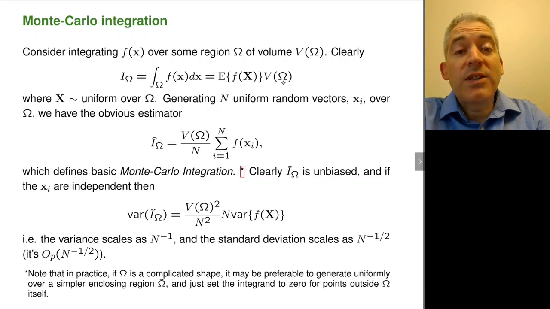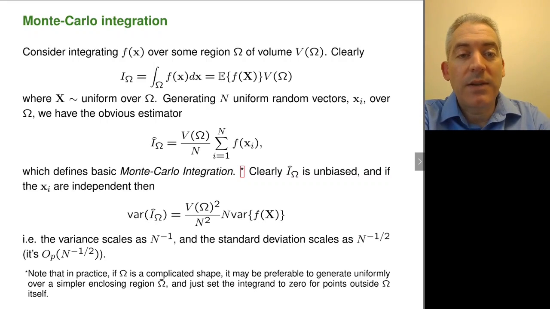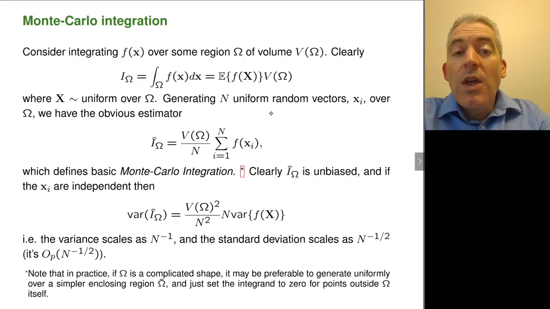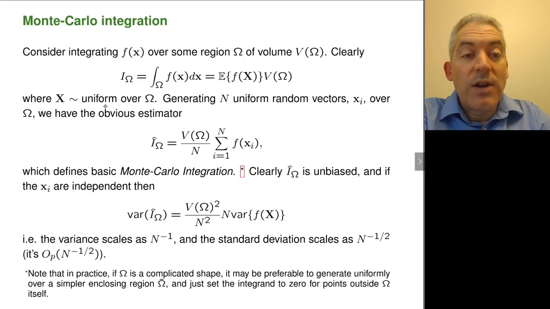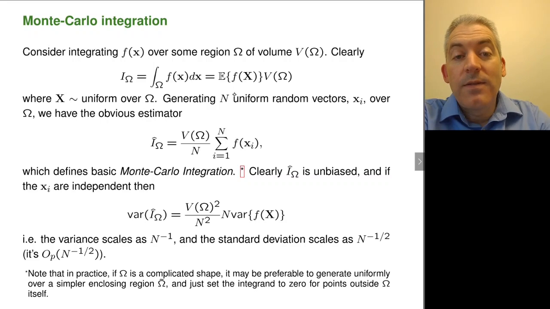And then that expectation is exact, right? So this relationship here is exact. This integral is exactly this expectation. It's kind of the definition of expectation. You can now estimate this expectation using random draws. So if we have some random draws from this distribution that we're assuming is uniform here, then we can just form their sample average of f applied to those draws, and that gives us our estimate of the integral.